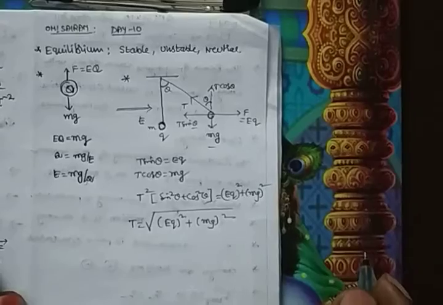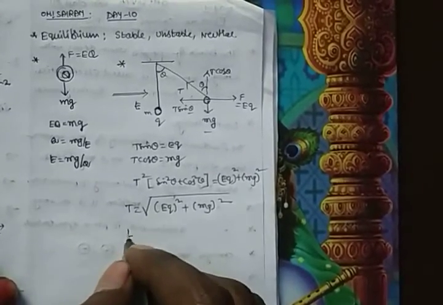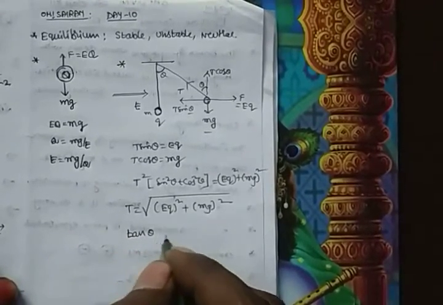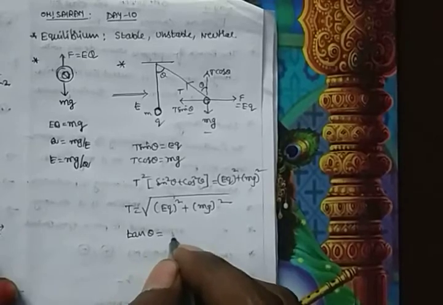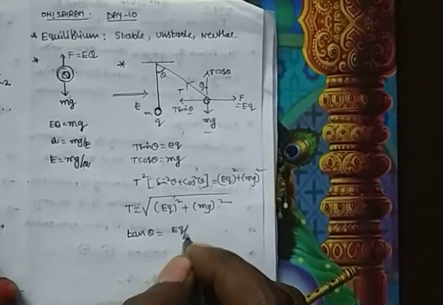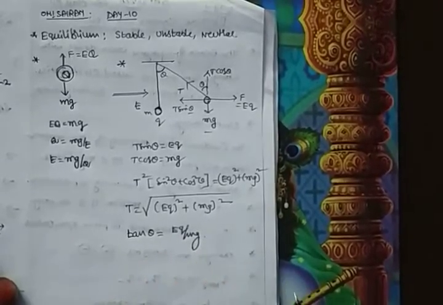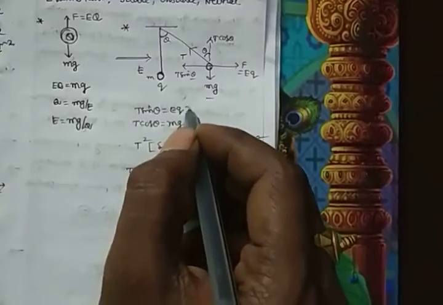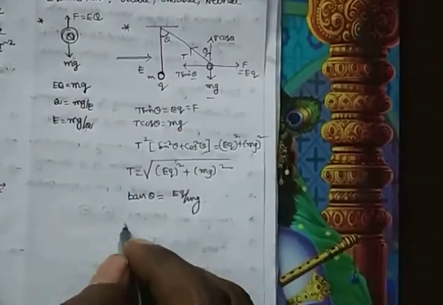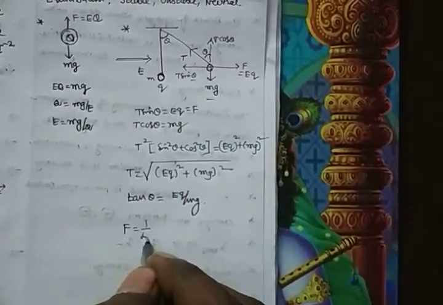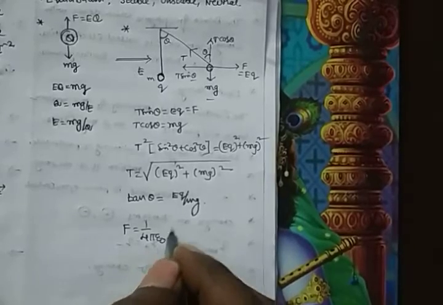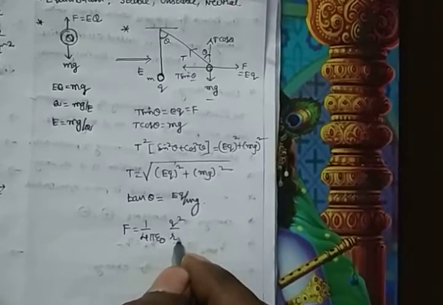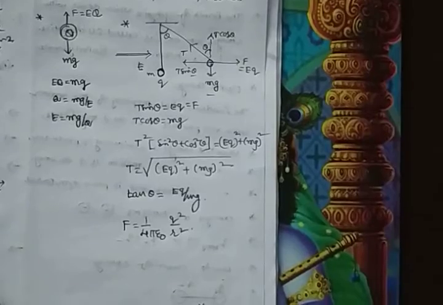That is the tension. To find the angle made by the charged particle, tan theta is equal to EQ by mg. Instead of this force, F is equal to 1 by 4 pi epsilon naught Q square by R square, you can also substitute.